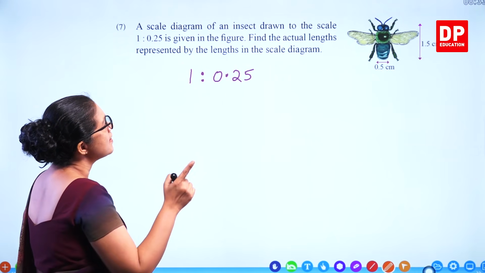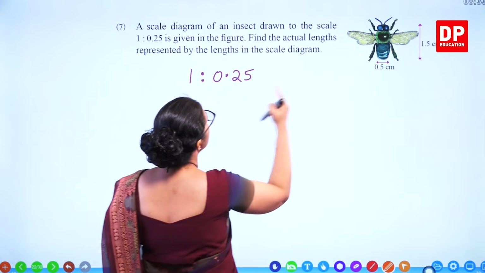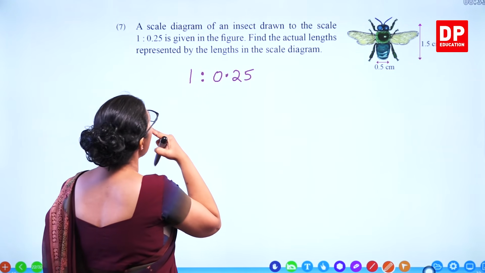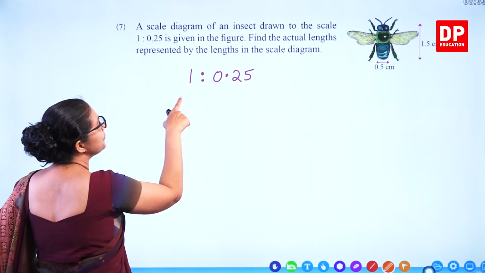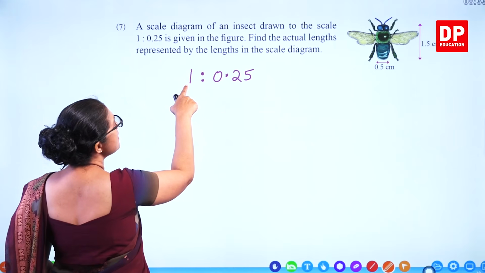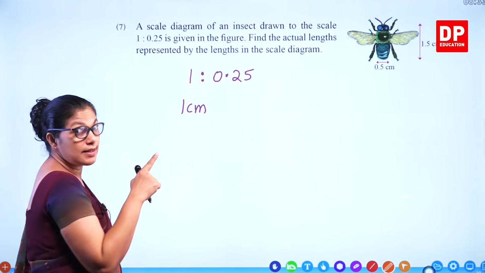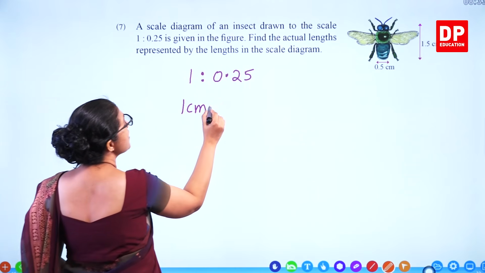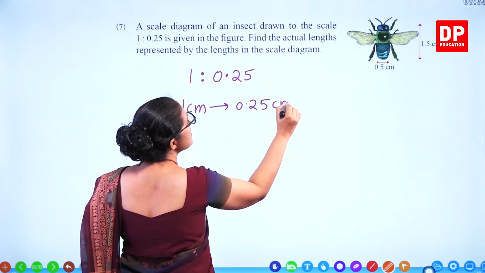So this is the scale length. So we need actual lengths. It's smaller. So we'll take other way around. So 1 centimeter actual, this is scale drawing, represent 0.25 centimeters.